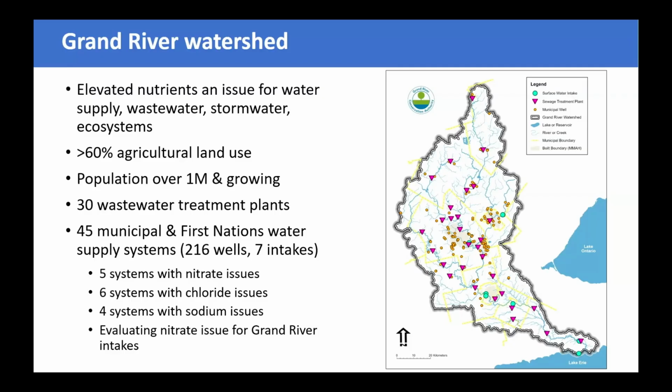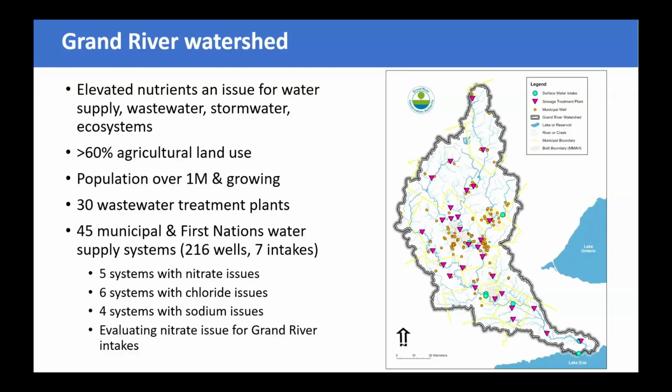So surface water remains an important source of municipal supply in our watershed, despite the heavy reliance on groundwater. But even on the groundwater side, we have nutrient-related issues. So phosphorus is not a huge deal from a water supply standpoint, but nitrates certainly are.